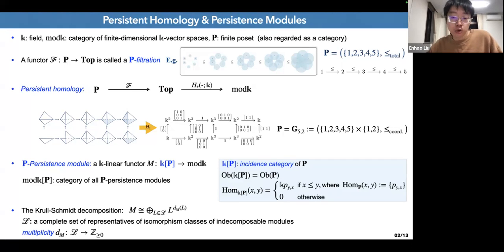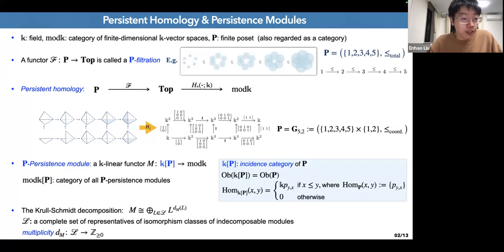And if there's no relation between x and y, so the hom set is just the empty set, then the linearization is just the zero vector space. Okay, so that's all. This is the incidence category.